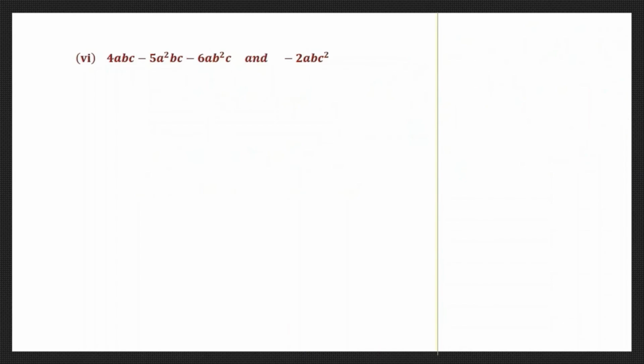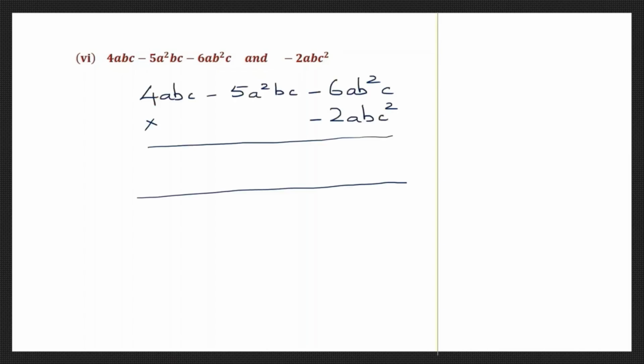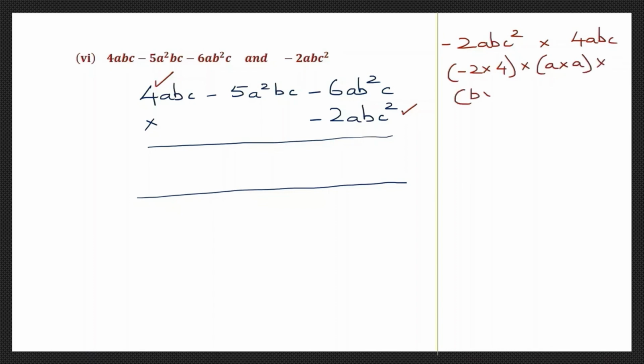Next question, we have 4abc, this whole polynomial multiplied by minus 2abc squared. So let's start. We'll multiply this term with this term. So that is minus 2abc squared into 4abc. The numbers are minus 2 into 4. The letters are a into a into b into b into c square into c.